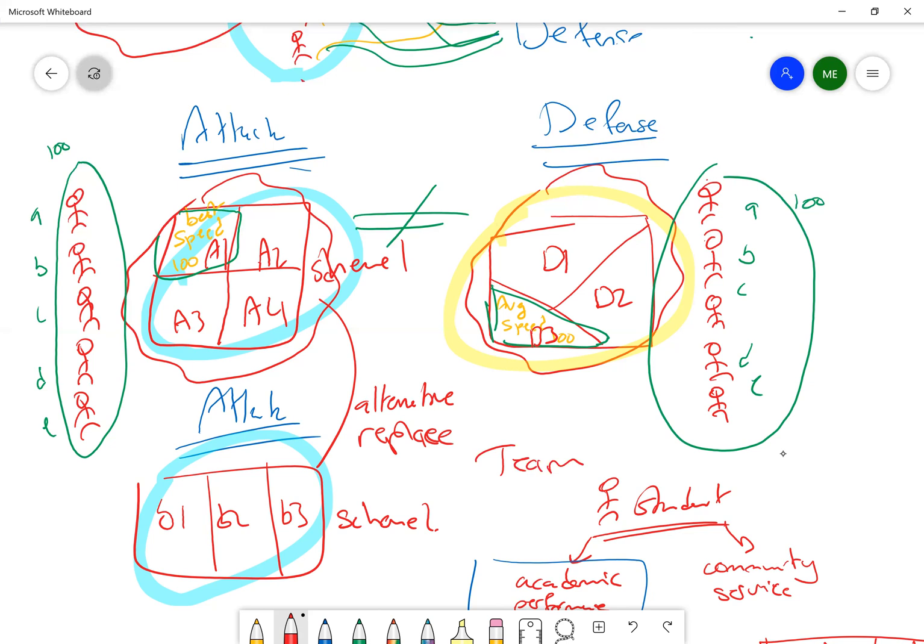So, for example, team one could be level A1 in attack and D3 in defense. Team two could be level A2 in attack and D1 in defense.